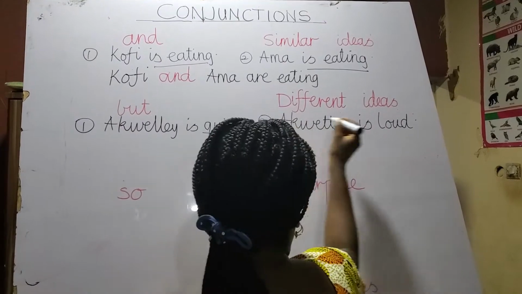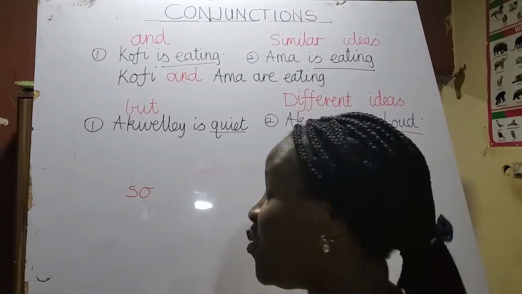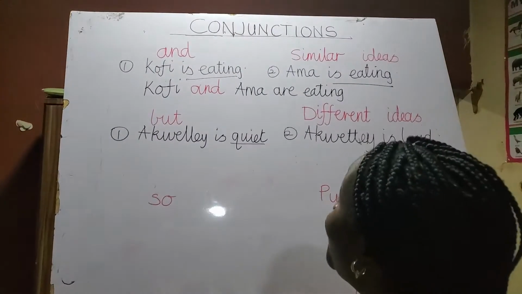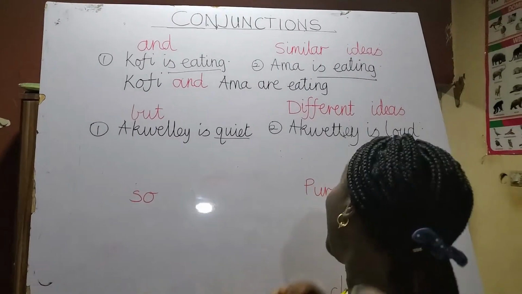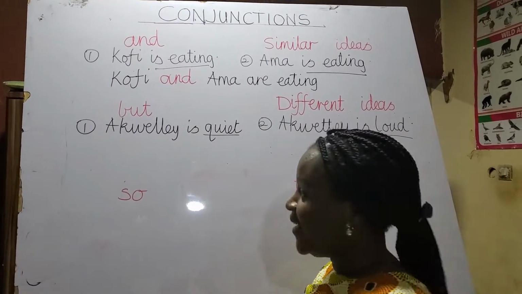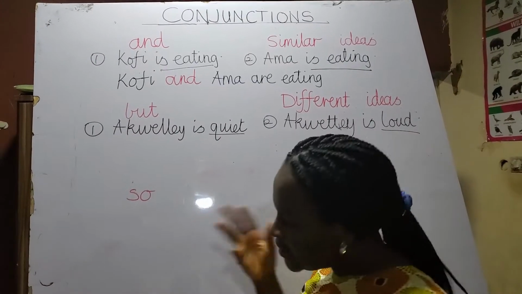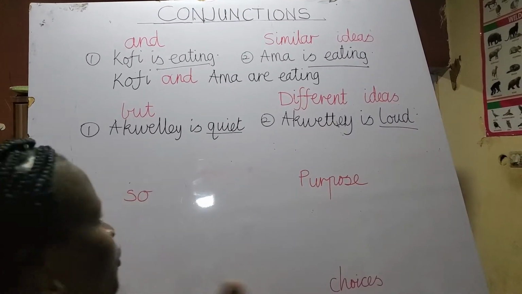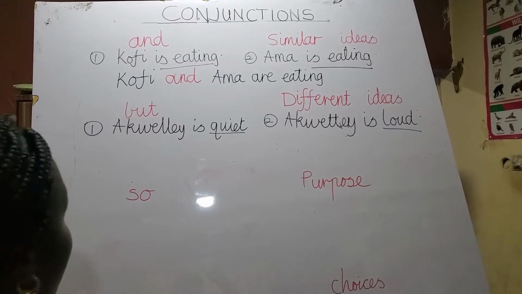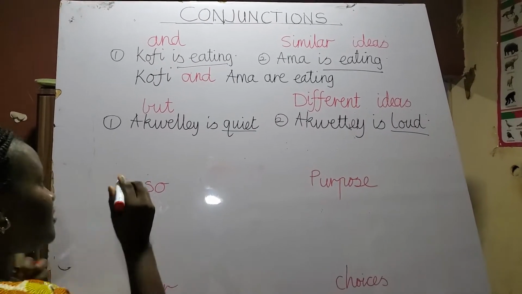Quiet, loud. They are opposites, aren't they? We all know Aquile in class 3A and Akwete in class 3L. Aquile is quiet, Akwete is loud. How do we join these sentences? We join them by using the conjunction but. So let's join them and see.